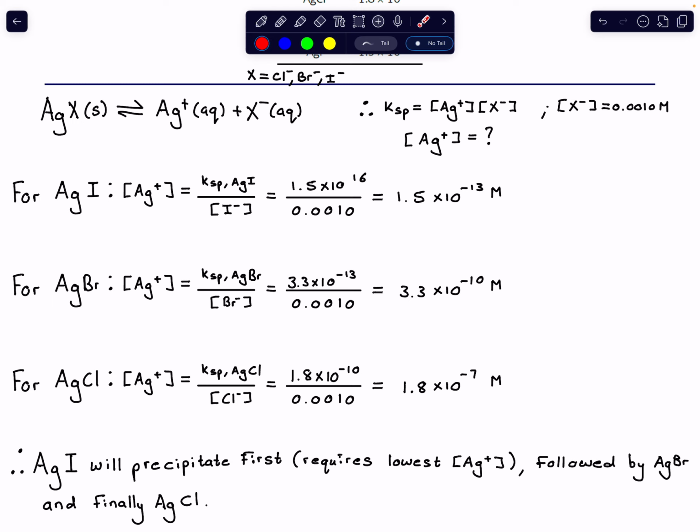So in principle, the salt that precipitates the easiest, in other words the salt that requires the lowest concentration, is the salt that will precipitate first. And that is silver iodide, because it requires the lowest concentration of silver plus. That will be followed by silver bromide because it has the value in the middle. And that's finally followed by silver chloride, which requires the highest silver plus concentration to precipitate.